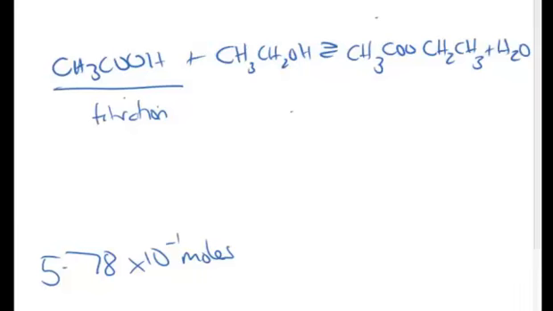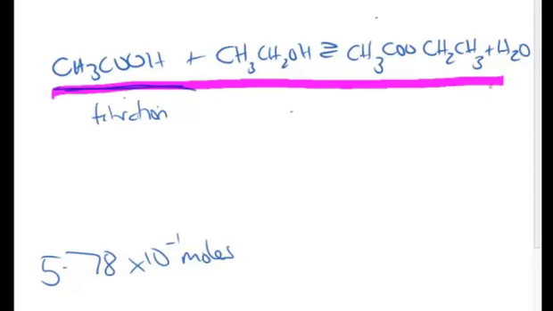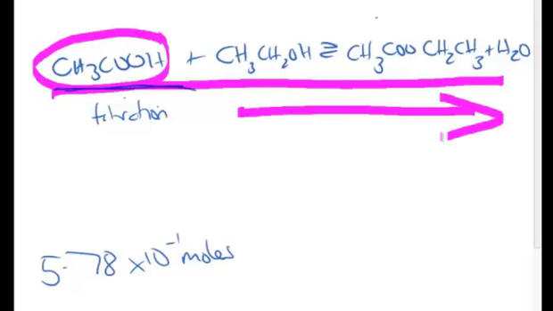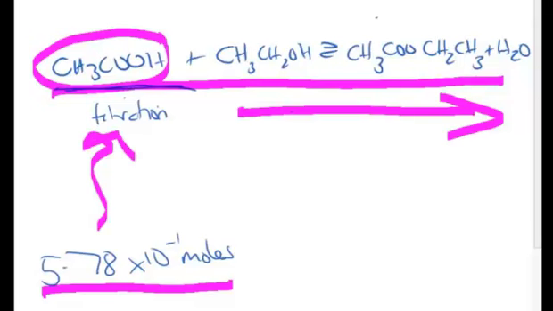It's worth thinking about what this actually means though, because if we look at this equilibrium here, the titration was done with the acid that was left over, that did not react to make this ester. So this is the amount that is the residual, so to speak. So how much did actually participate?